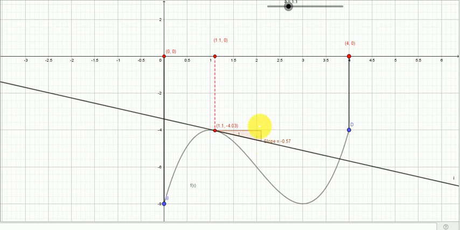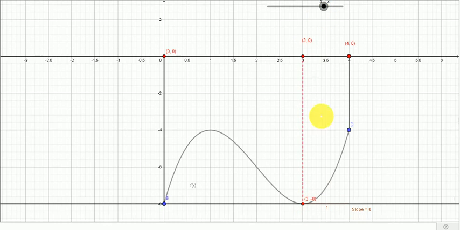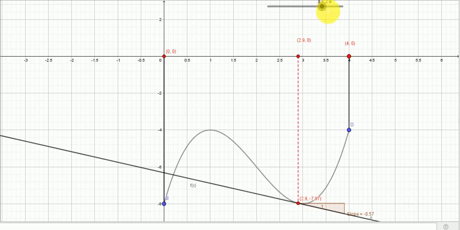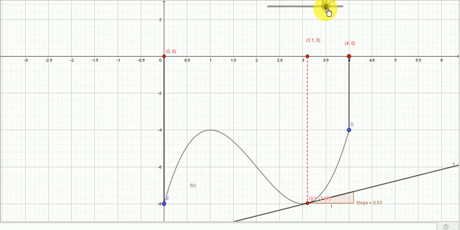Now let us see for the point x equal to 3. At x equal to 3 the derivative is 0, but if you take x slightly less than 3, then the slope is negative, and if you take x a little more than 3, then you see that the slope is positive.